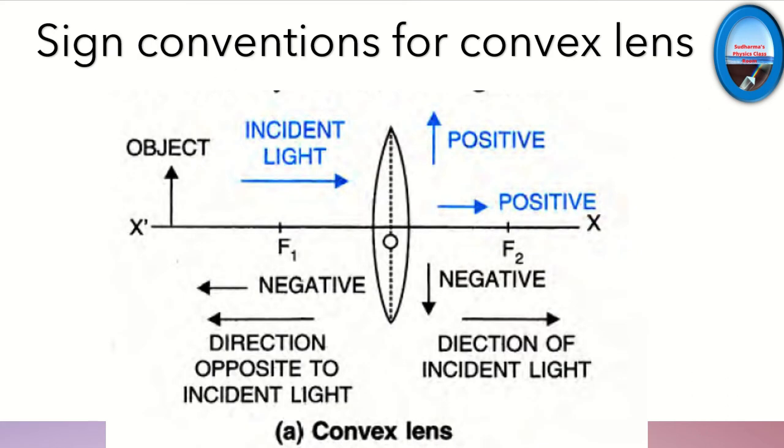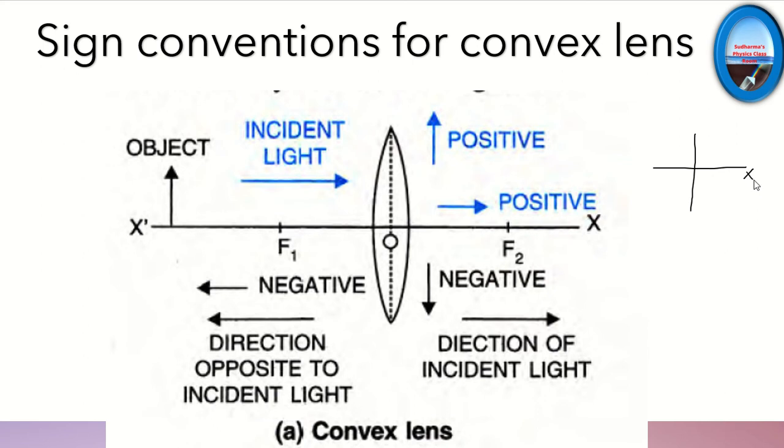For convex and concave lenses, the rules are the same, but we have to see what type of image is formed. First of all, we have to consider that the lens is kept at the origin of the Cartesian coordinate system. In a Cartesian coordinate system, we know that there are x and y axes.